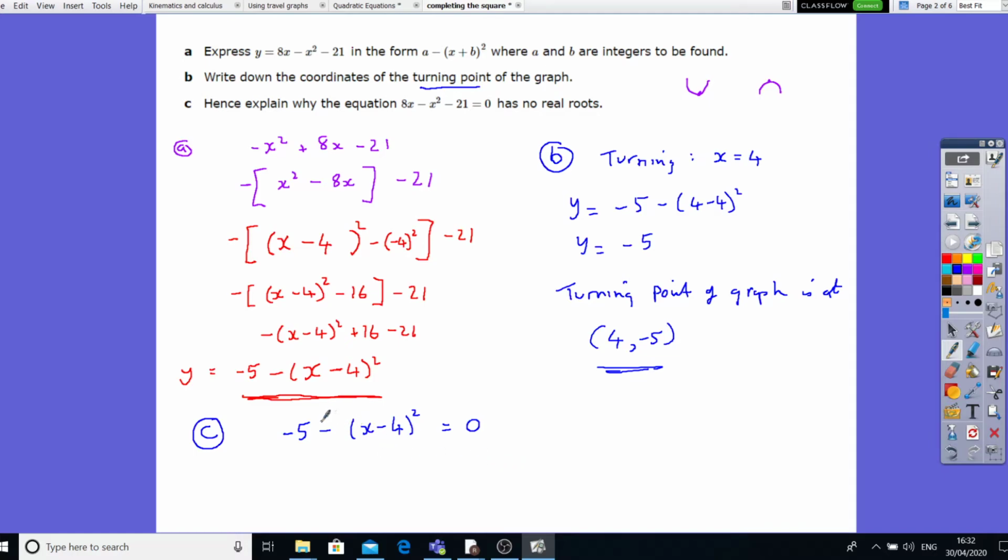First, I can take this negative bracket to the other side so that it becomes a positive, by adding it to both sides. That tells me that minus 5 is equal to x minus 4 squared.